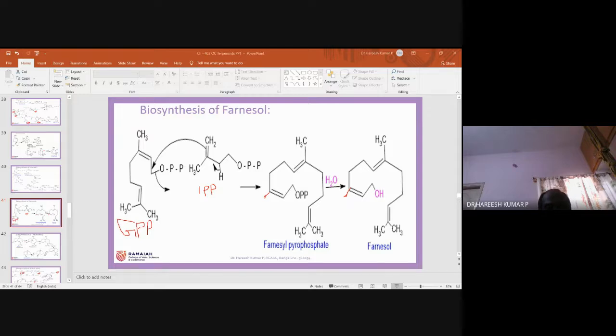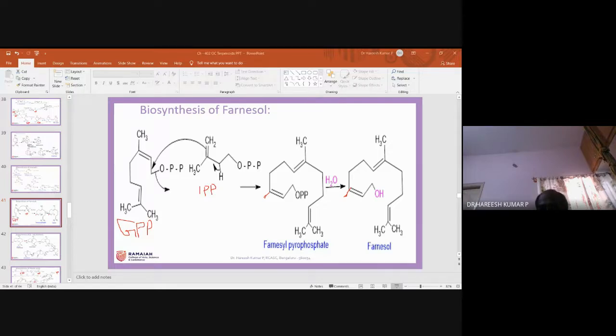So it's only a rearrangement. Farnesyl pyrophosphate rearranges. How does it rearrange? Just by the loss of OPP, a carbocation is formed, and there will be a new bond formation between this carbon and this carbon, cyclization, and afterwards a water is attached to this carbocation forming an alcohol. Later on, intracyclization, that means a new bond formation between this carbon and this carbon.